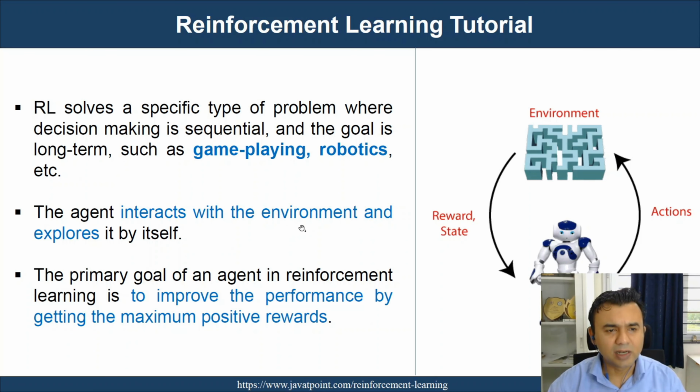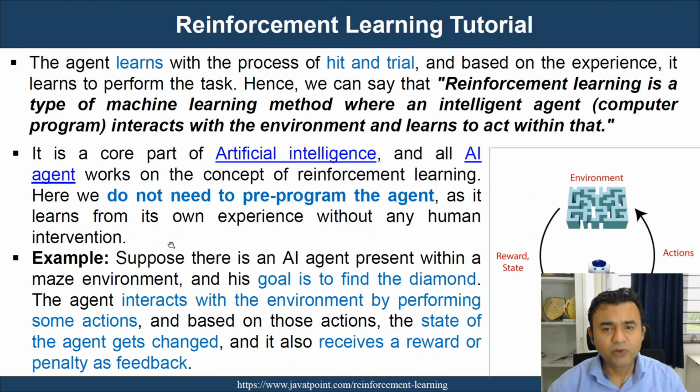The agent will interact with the environment and explore by its own experiences, and the primary goal of the agent in this method is to improve the performance by maximizing the rewards and minimizing the penalties during its actions, right? So this is the major goal of reinforcement learning.